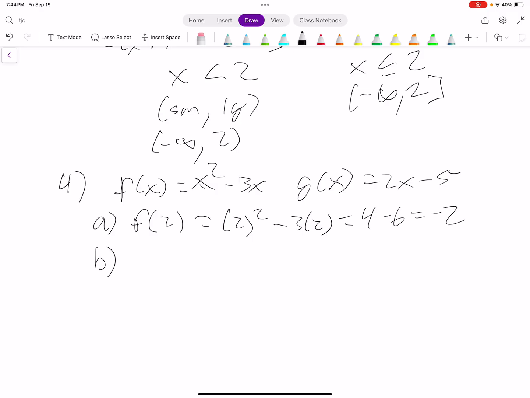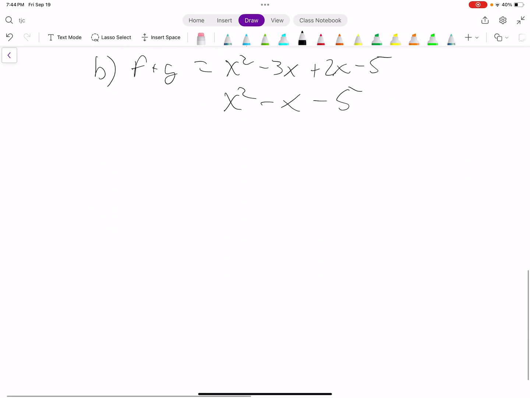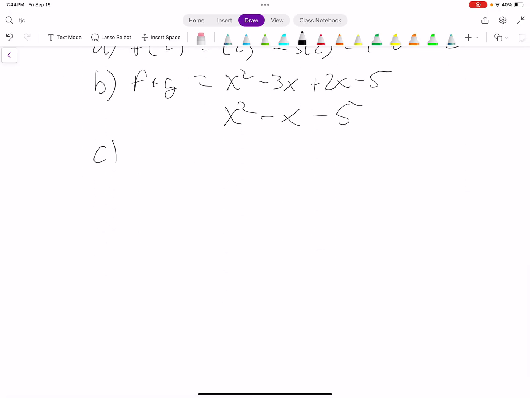B is f plus g. This is where you take the f function, which is x squared minus 3x, and you add the g function, which is 2x minus 5. Combine like terms, you get x squared minus x minus 5. Next is f minus g.